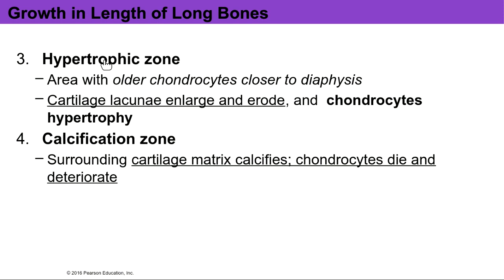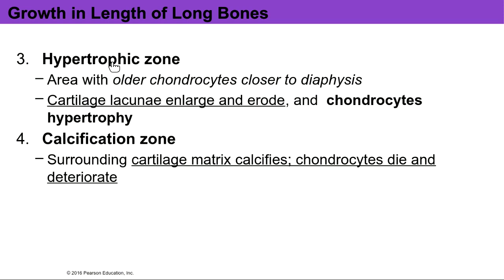So that's what you're seeing in the hypertrophic zone: all those chondrocytes that formed start to get really large. These are older chondrocytes.